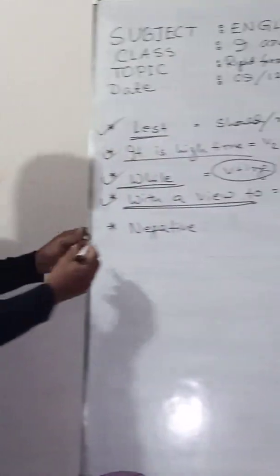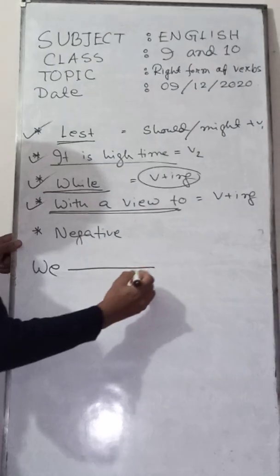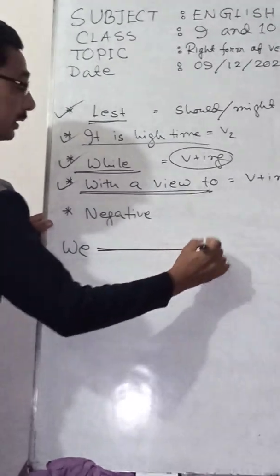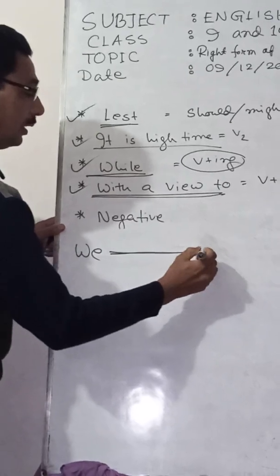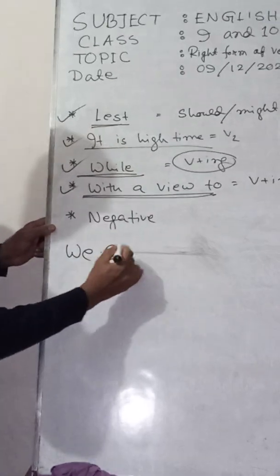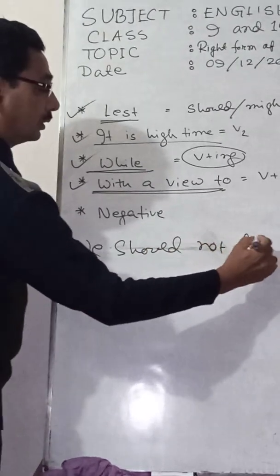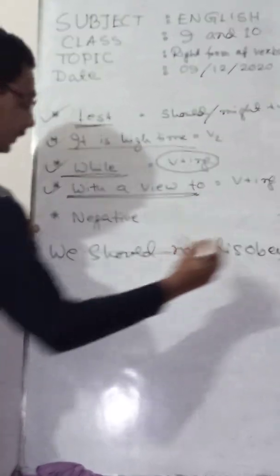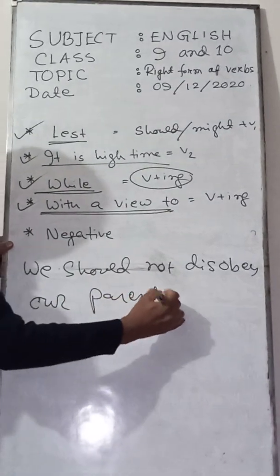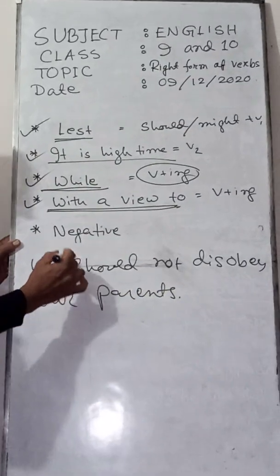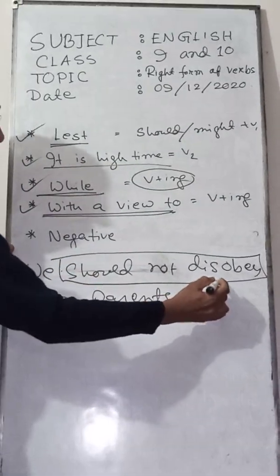For example, we should not disobey our parents. You see, disobey is the verb.